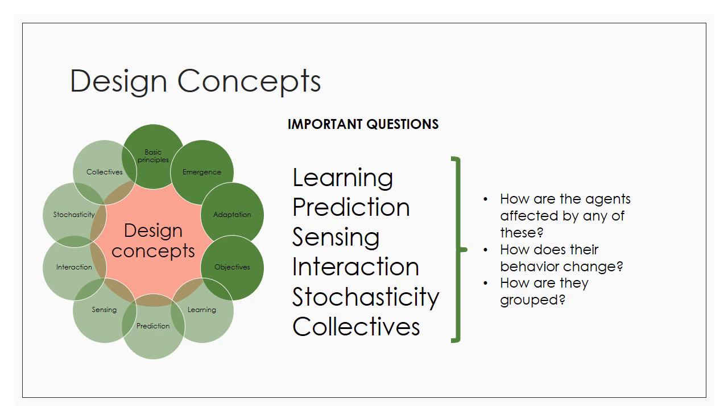How does the behavior of these agents change? How does the environment change based on any of these areas? And also, are there any specific groups? Now, you can find more information about this in Table 3.1 of your book or on the next slide.